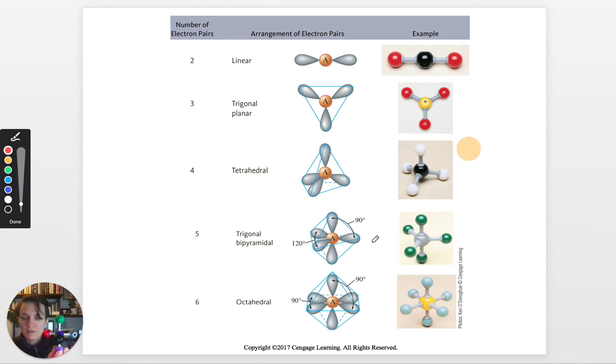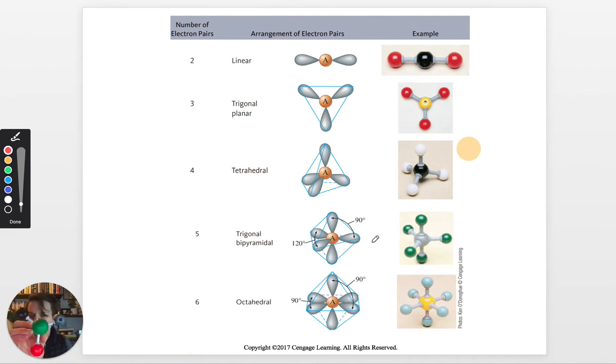So we have our trigonal planar with 3 things. And that is really the core of our trigonal bipyramidal. So this would be our trigonal planar. For trigonal bipyramidal, we just have atoms attaching on either end. So you have a triangle, 2 pyramids.